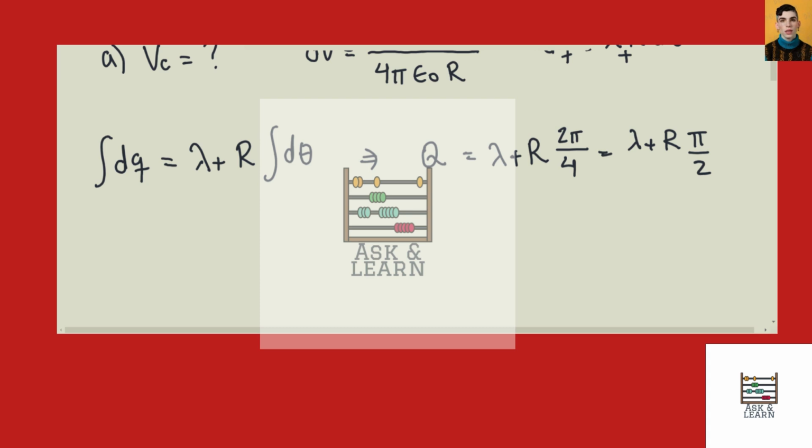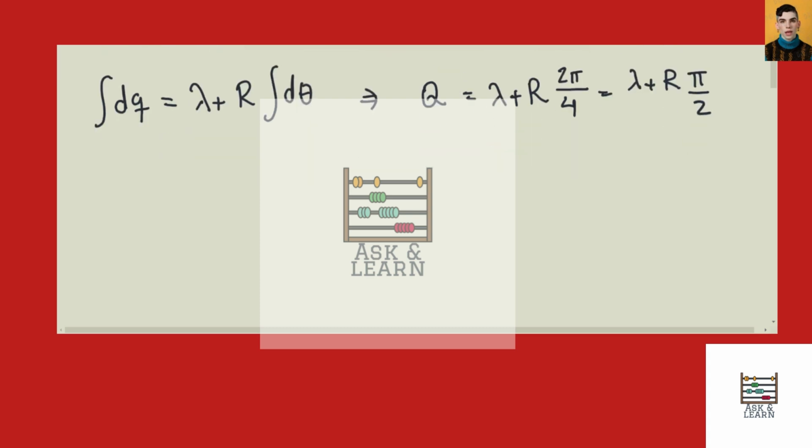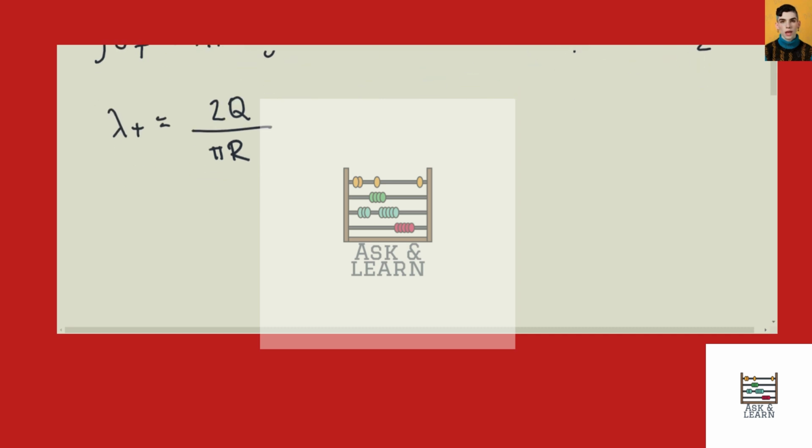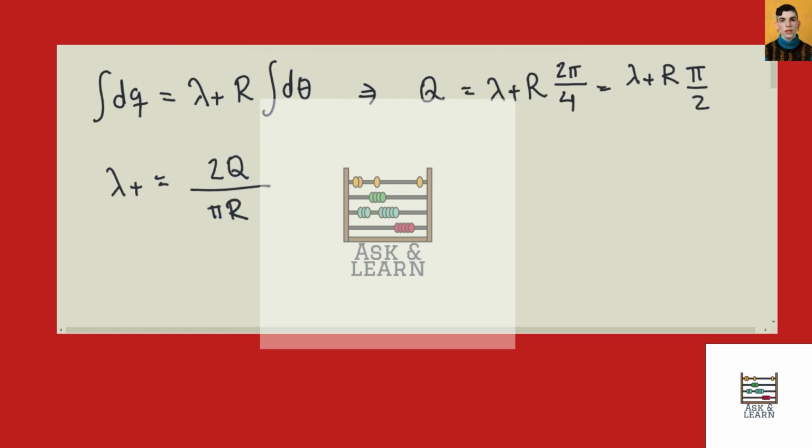So this is the charge for this segment, and solving for lambda positive, we have 2 times Q over pi R. This is for the positive segment of this uniformly distributed circular charge.